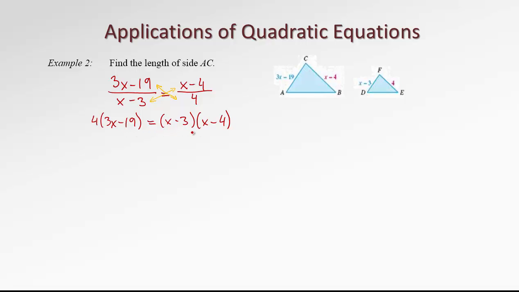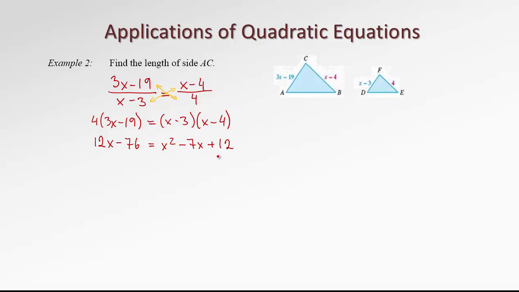Okay, so now we need to release those brackets, multiply through, so we have 12x minus 4 times 19, which is 76, equals, and FOIL these two brackets. So we have x squared, negative 3 and negative 4 is negative 7x, and then plus 3 times 4, 12.